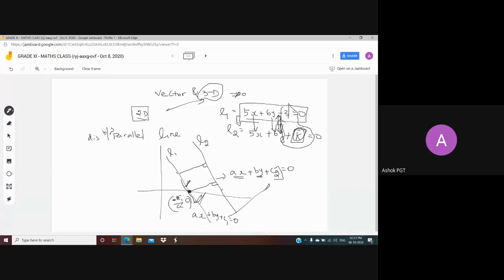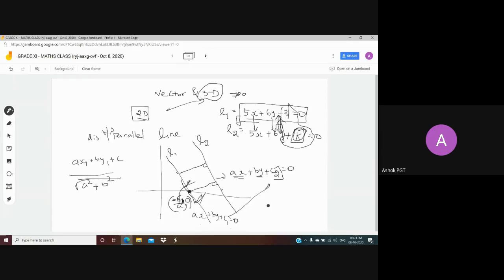Now if we apply the distance formula that we learned recently, the modulus of ax1 plus by1 plus c divided by root over a square plus b square, we get the distance between two parallel lines.